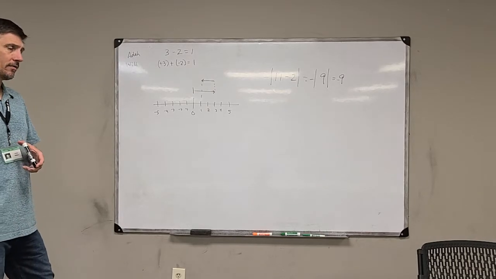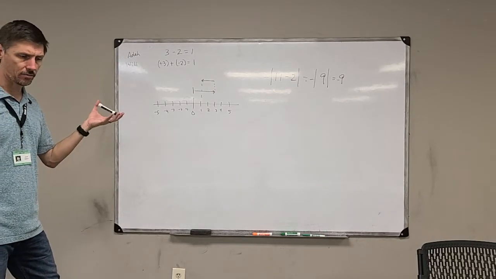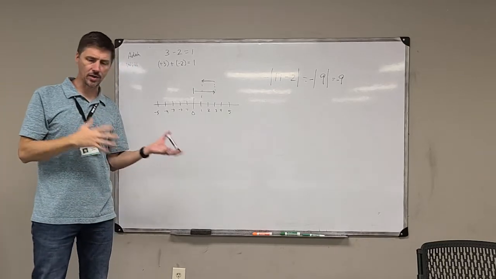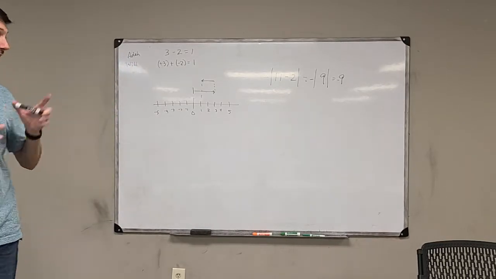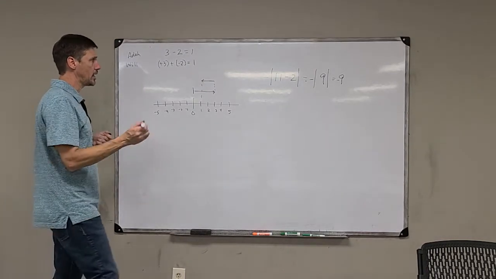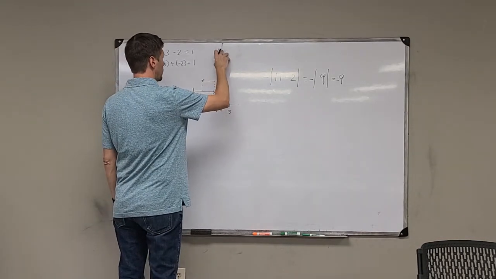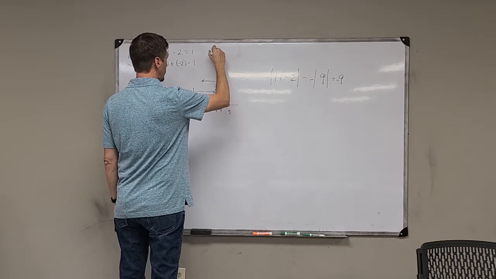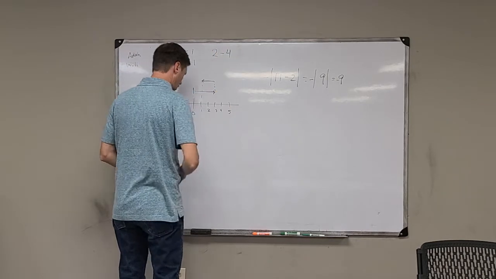So you can always think of numbers as sums, whether you're doing subtraction or addition. Just think of it with the parentheses around it and then pluses in between. And that helps us when we're thinking about something like 2 minus 4.